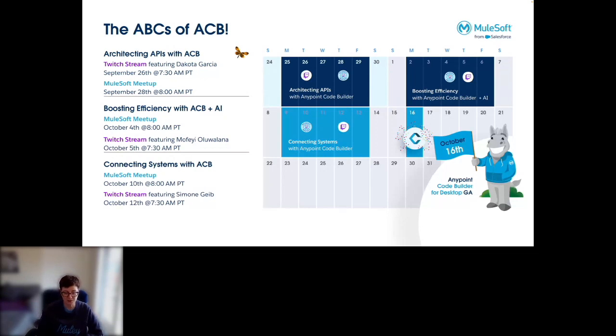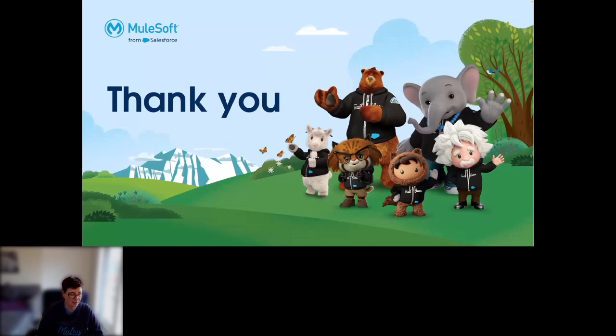There will be a Twitch stream on Thursday, and there will be a webinar coming up, a GA webinar, and I think there is a meetup next Monday as well. So stay tuned. There's more coming.